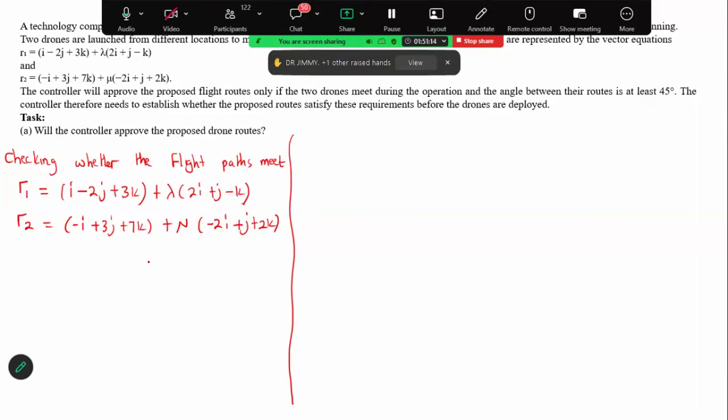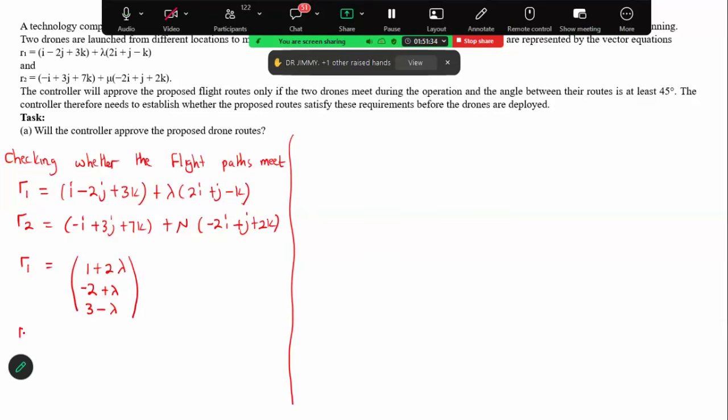So what are you going to do? Now you are going to first combine such that you know your x, y, and z. So I can say that now my R1, I can write it in this form: 1 plus 2 lambda, negative 2 plus lambda, and then I'll have 3 minus lambda.